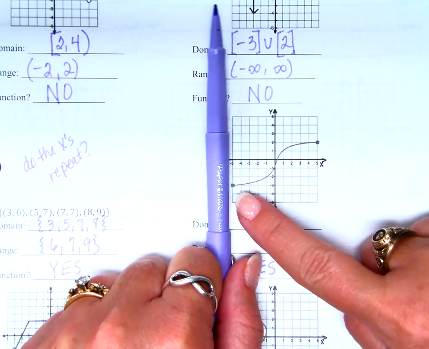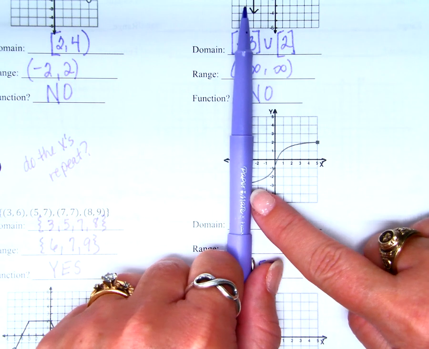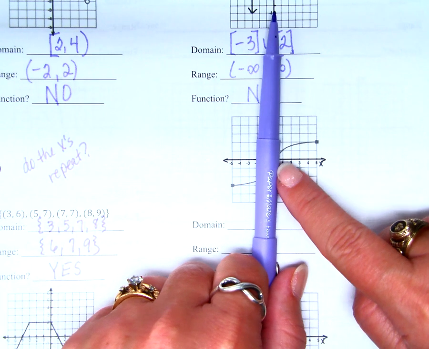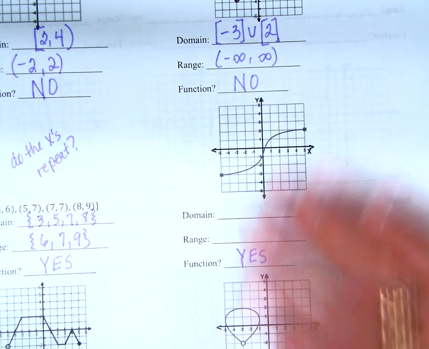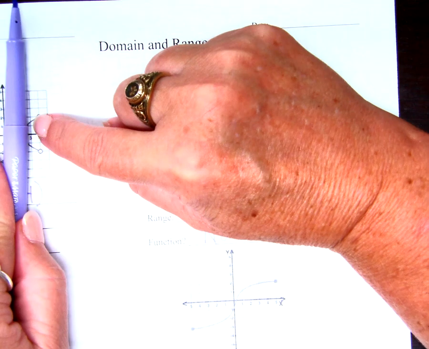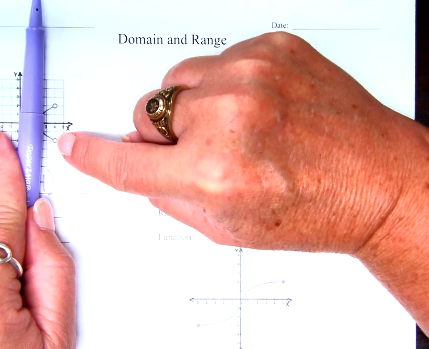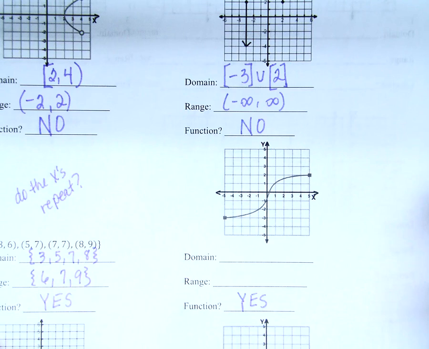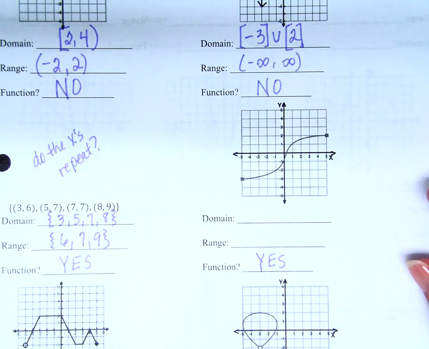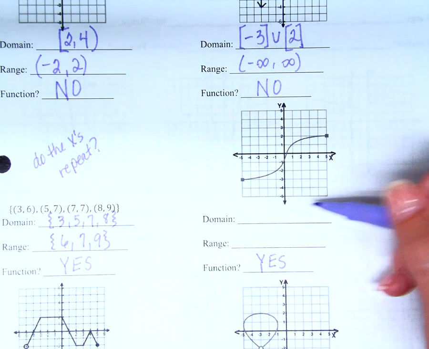As I scoot it across the page, how many places is it touching? Only one time ever, right? This one right here, see how it's touching in 2 places? You can only touch it once. That's exactly right.